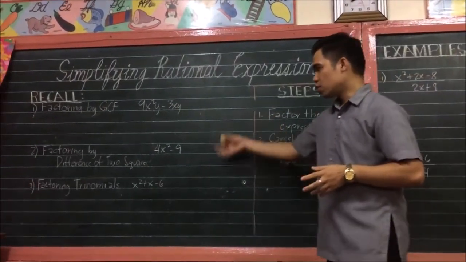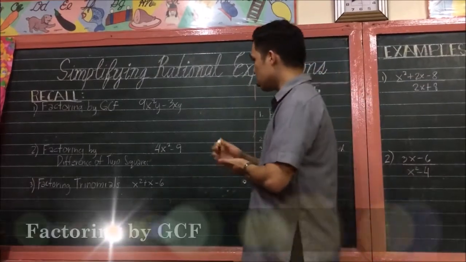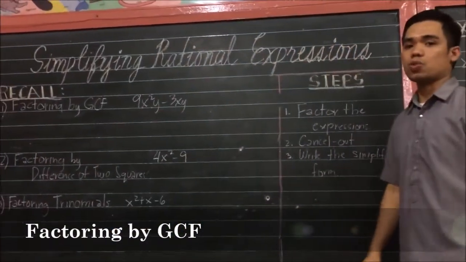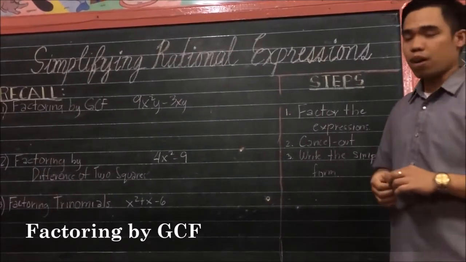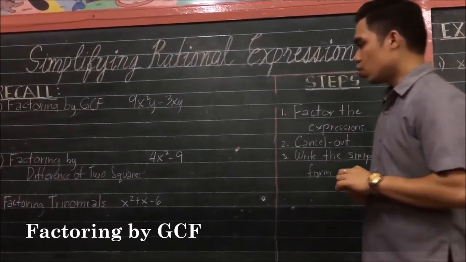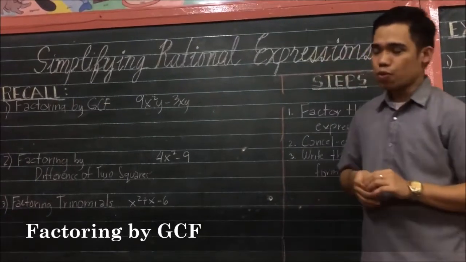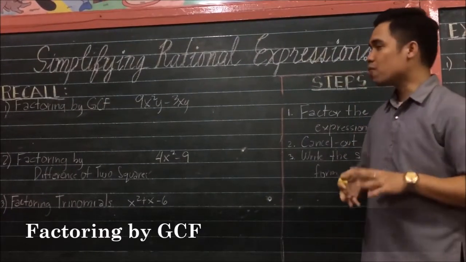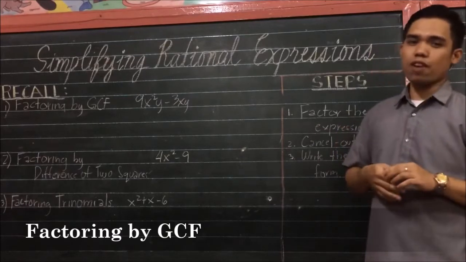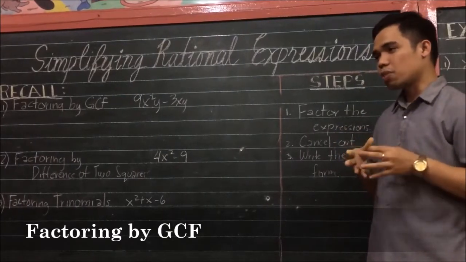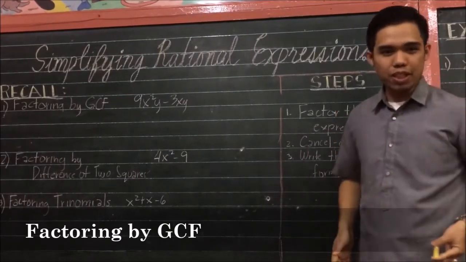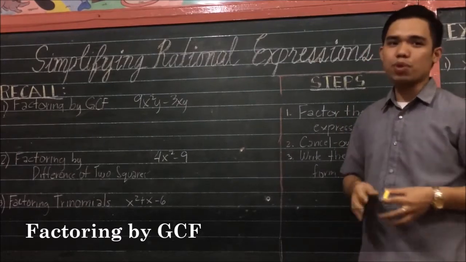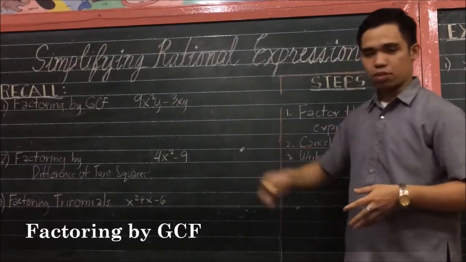Now, to recall factoring by GCF, let's consider this expression: 9x squared y minus 3xy. How do you factor this by GCF? If we say factoring by GCF, we need to know the common factor. Greatest common factor means the biggest expression, or if it's a number, the biggest number that can divide these two terms.